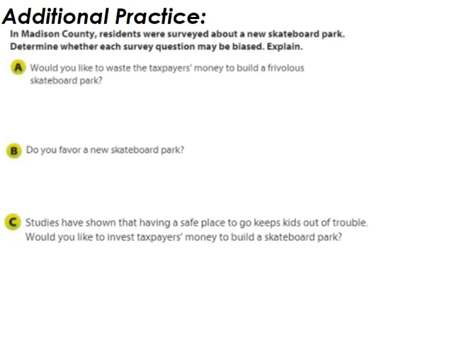Now, also what you're going to do is determine whether or not a question is biased or not. So right here, all 3 of these questions are related to the same exact survey. In Madison County, residents were surveyed about a new skateboard park. Determine whether each survey question may be biased. So for question A, would you like to waste the taxpayers' money to build a frivolous skateboard park?